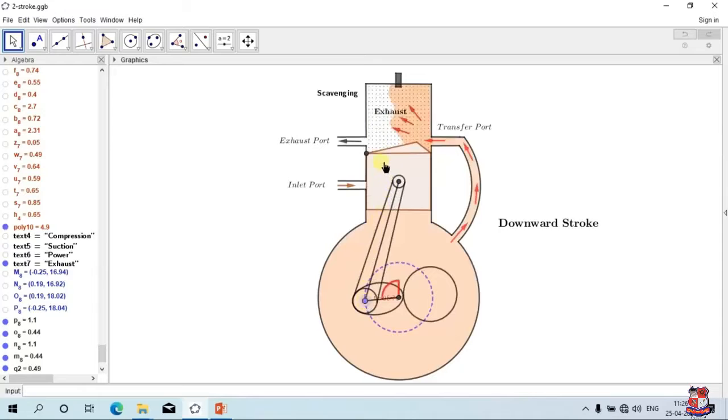As you can see, when the piston is in this position, it is blocking the opening of the inlet port, which means there will be no movement of charge inside the casing.